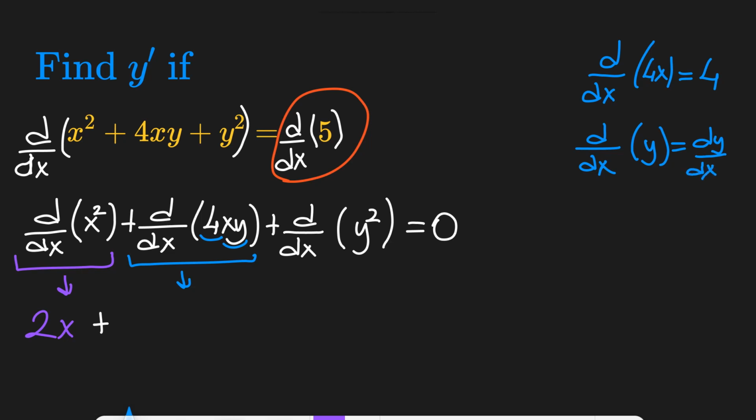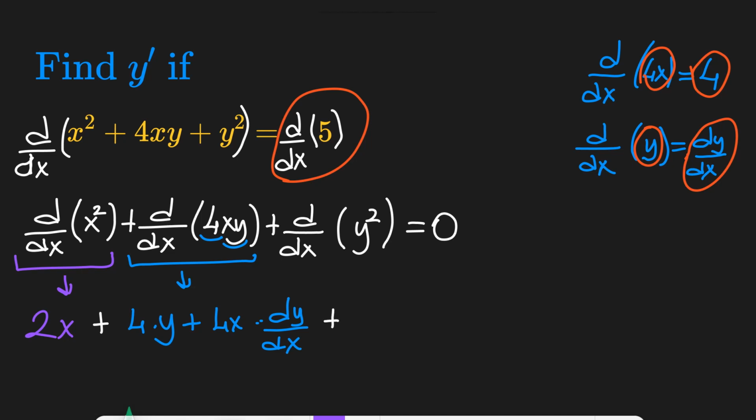Let's apply the product rule now. Derivative of the first function is 4 times the second function y, plus the first function 4x times the derivative of the second function dy over dx.